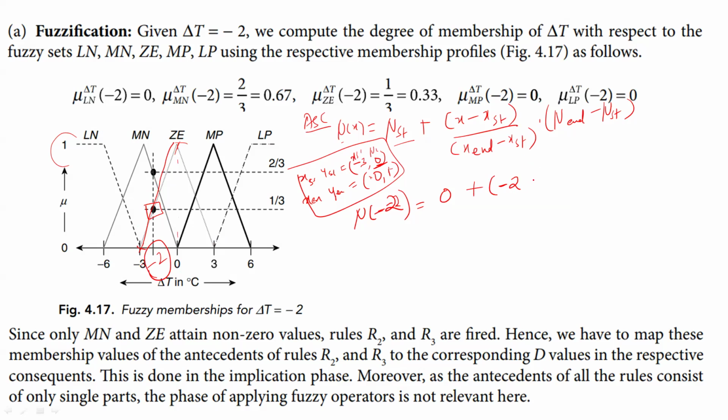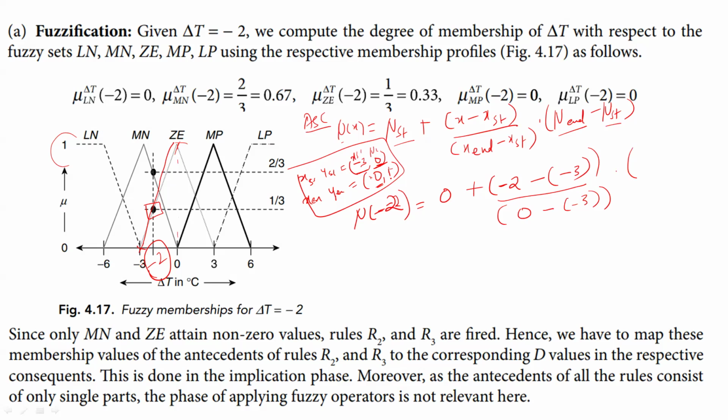So x is minus 2, minus x start. X start is nothing but minus 3, divided by x end. What is x end? X end is 0 here, minus again x start, which is again minus 3. So we got this. Now into mu end minus mu start.